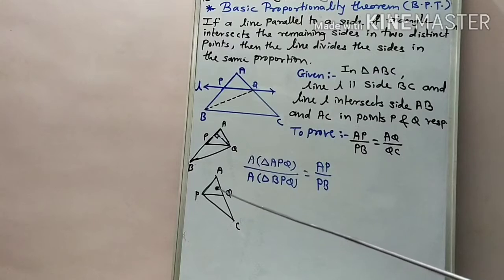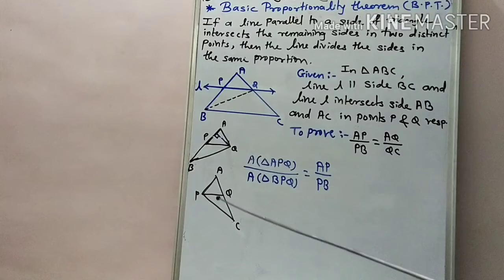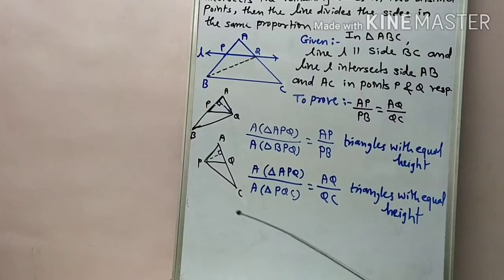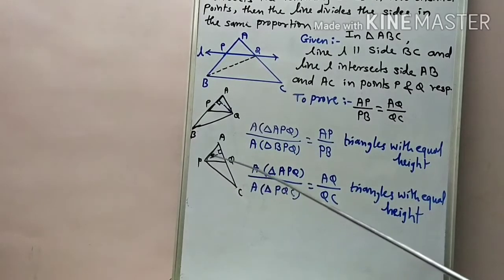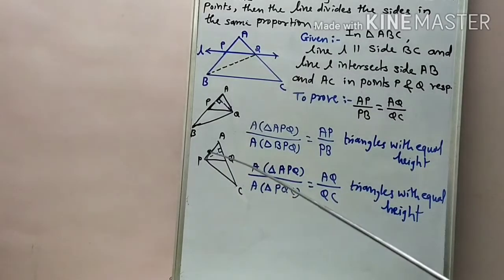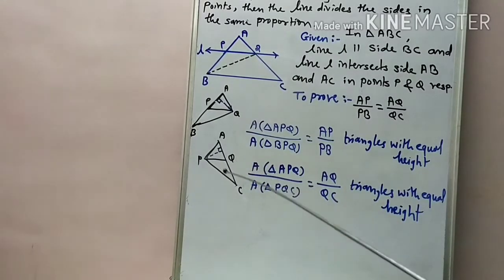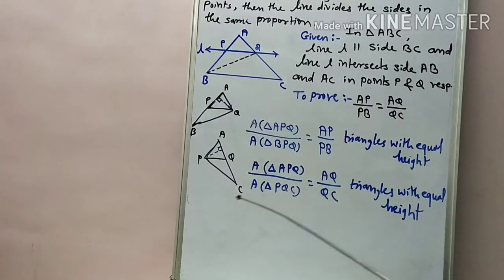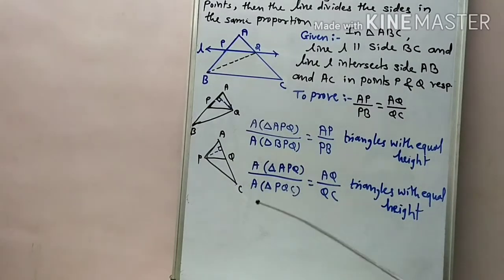As we draw the perpendicular from P, we get a common height for both triangles, and hence the ratio of the areas of the two triangles equals, again, the ratio of the corresponding bases. Here I draw the perpendicular from vertex P, so that perpendicular is the height common to both triangles. For triangles with equal height, the ratio of the areas of the two triangles is equal to what?